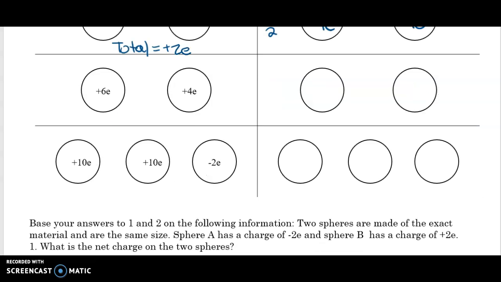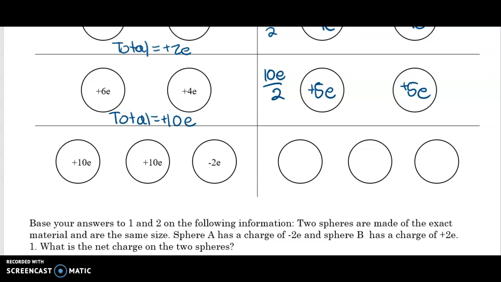And then in this case, we have positive 6 elementary charges and positive 4 elementary charges. So we have a total charge here of positive 10 elementary charges, which is also distributed between our two objects here. So we have positive 5 elementary charges here and positive 5 elementary charges here.